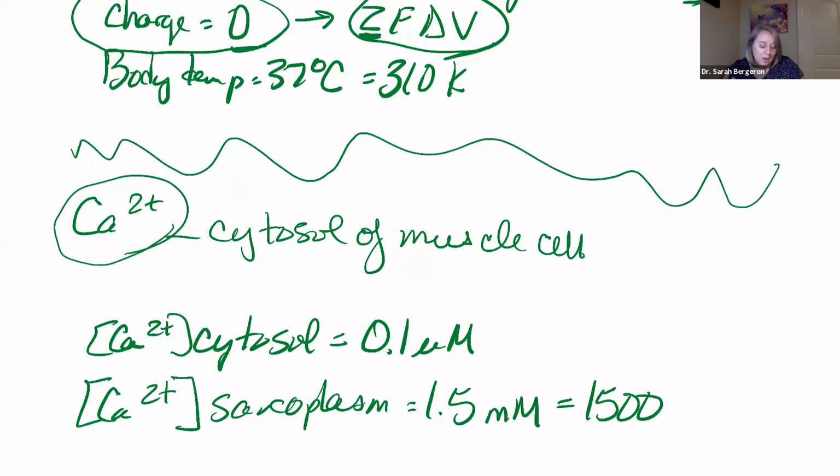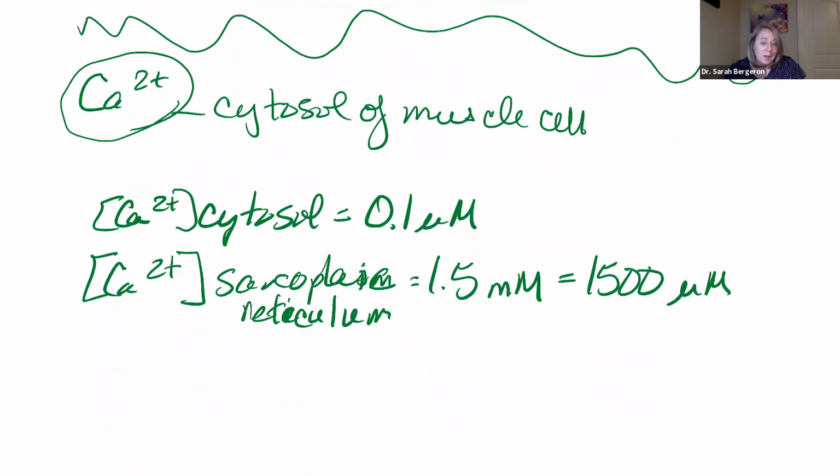So that'd be 1,500 micromolar. All right, so that's an uphill gradient. We're trying to move against a gradient here. That's a massive gradient, like a 15,000x gradient, right? So I'm thinking we're gonna need energy for this.